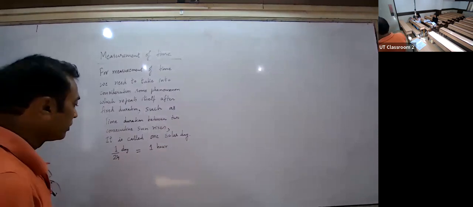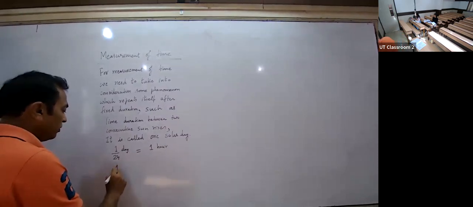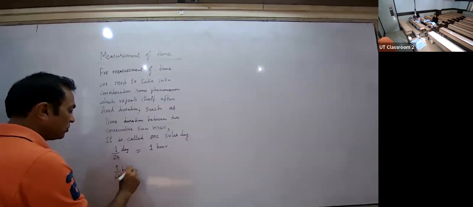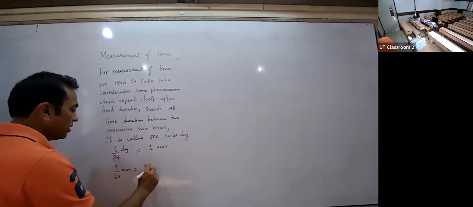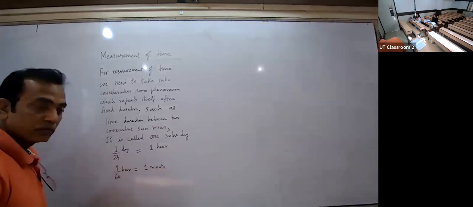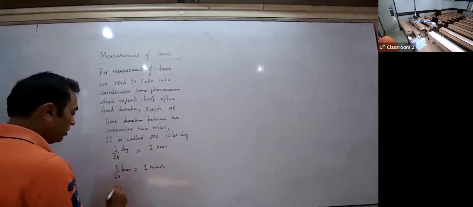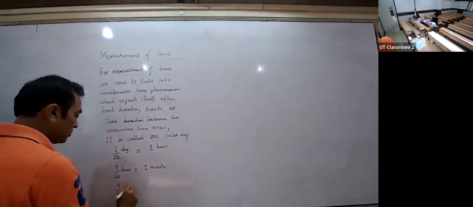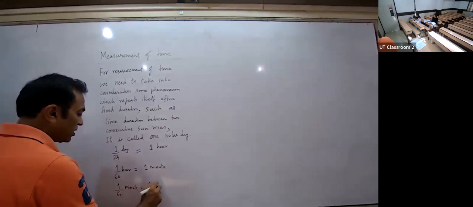When we divide 1 hour into 60 equal parts, we call that 1 minute. When we divide 1 minute into 60 equal parts, we call that 1 second.